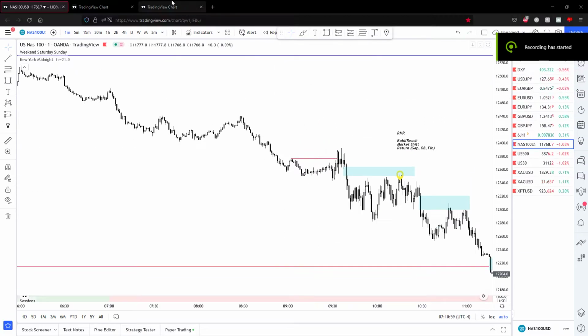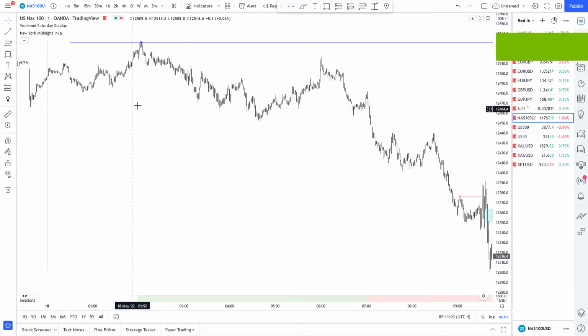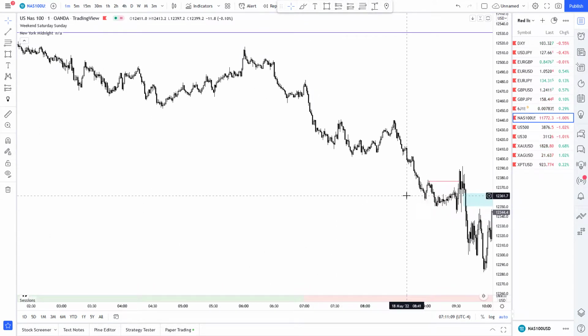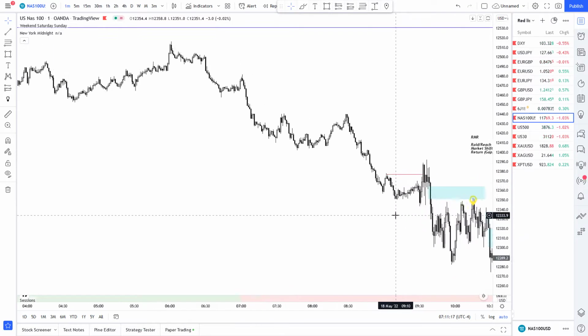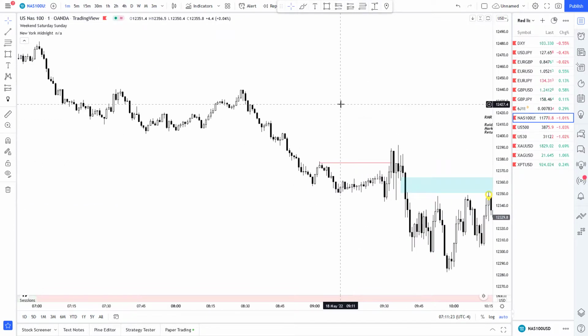Okay, I just got my screenshots ready. So just some context. For the day, it was quite bearish already to start off with during the London session and the first half of the New York session. And usually the market, when news hits or when equity is open, the opposite side will get taken.